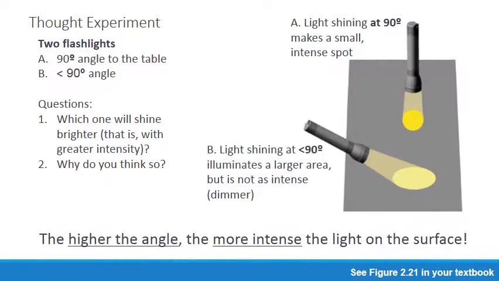It illuminates a larger area, but it's not as intense. It's dimmer. So we see a very bright yellow here compared with sort of the pale yellow here. The same is true. This functions in a very similar way as sunlight strikes the Earth. The higher the angle, the more intense the light on the surface of the planet.